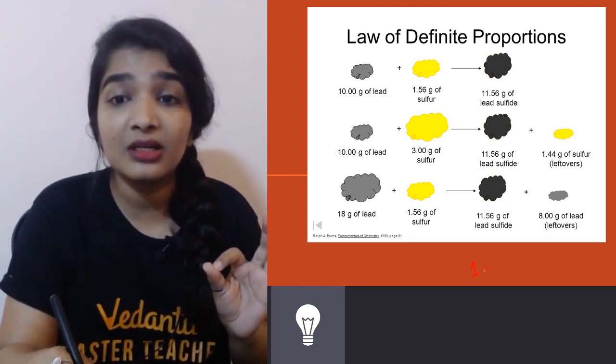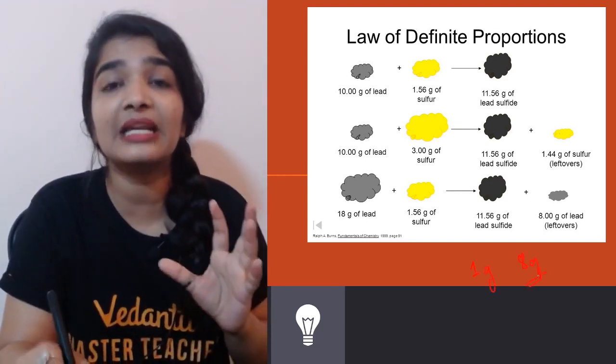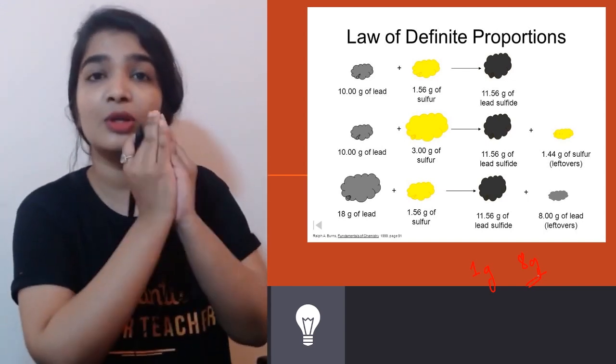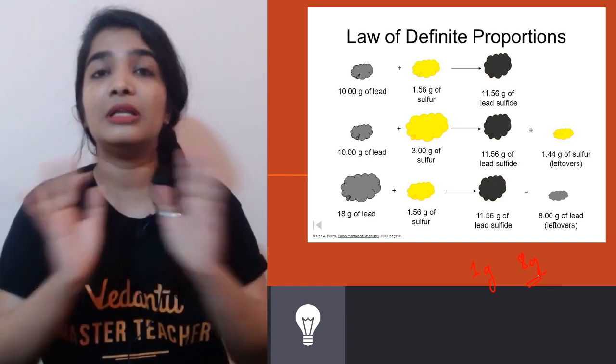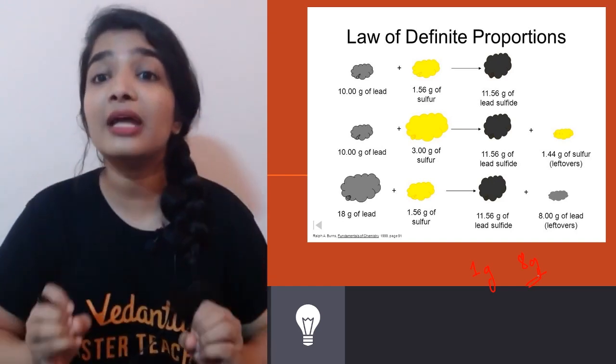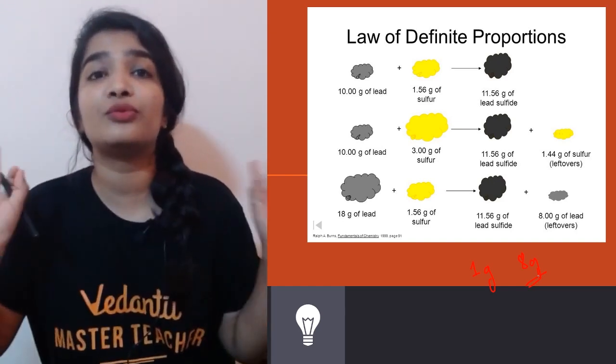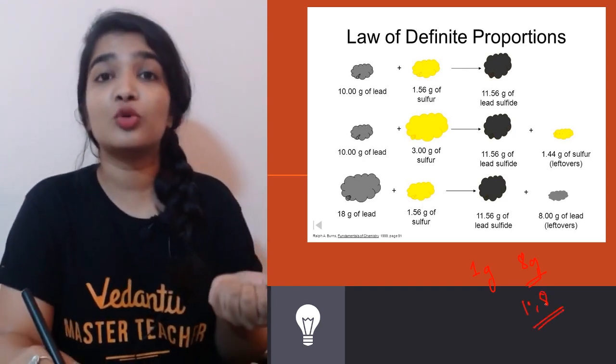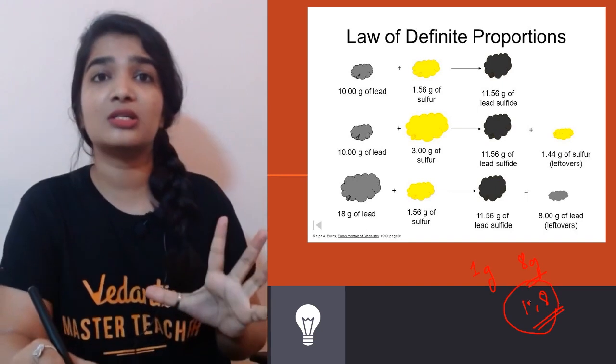But it will combine only with 8 gram of oxygen. The other 92 gram will go unreacted. It won't react. The hydrogen can react only with 8 gram of oxygen. So the ratio or the proportion by mass will be 1 is to 8.